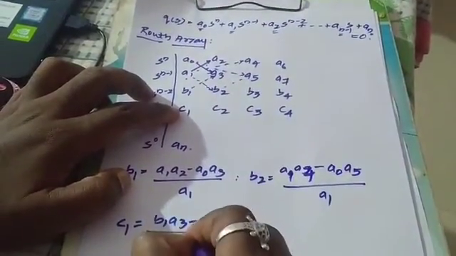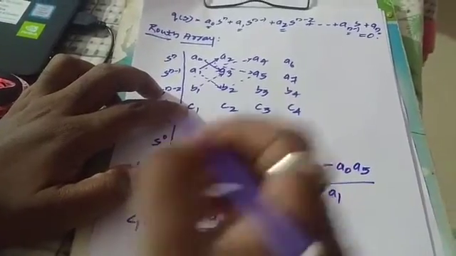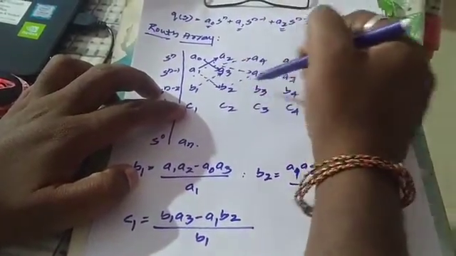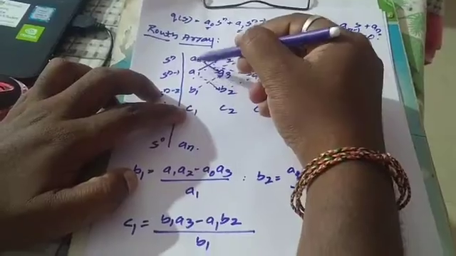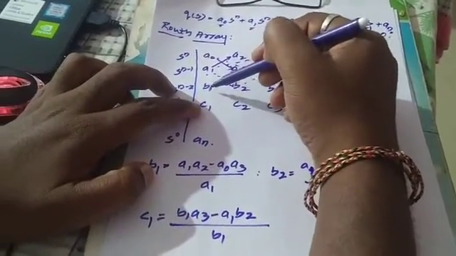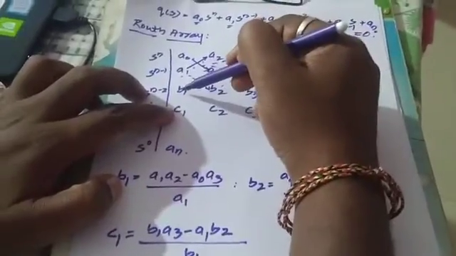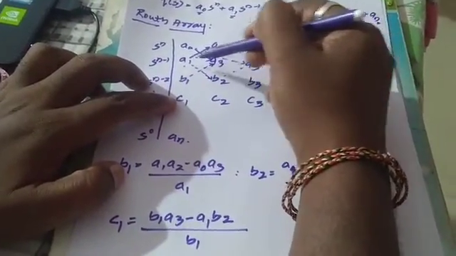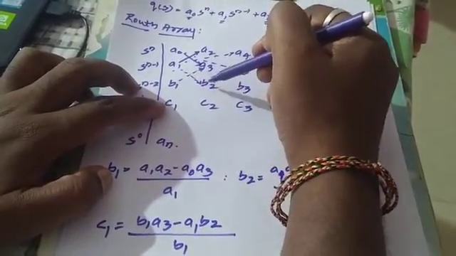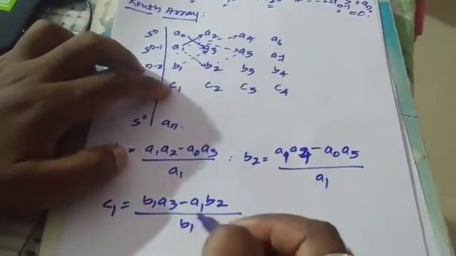For calculating b1, b2, b3, b4, a1 is common; this row is common. So if you want to calculate c1, you have to consider these two rows: b1 a3 minus a1 b2 divided by b1.